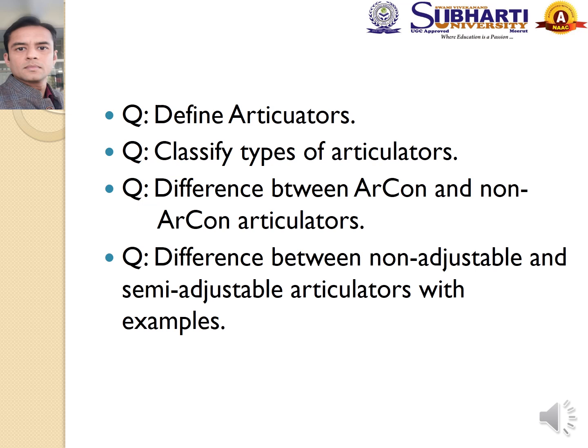Examples are Hanau wide view. In non-arcon it is reverse, that is the guidance is present in the lower member and the condylar elements are present in the upper member, which is completely the reverse. Examples are mean value articulators.